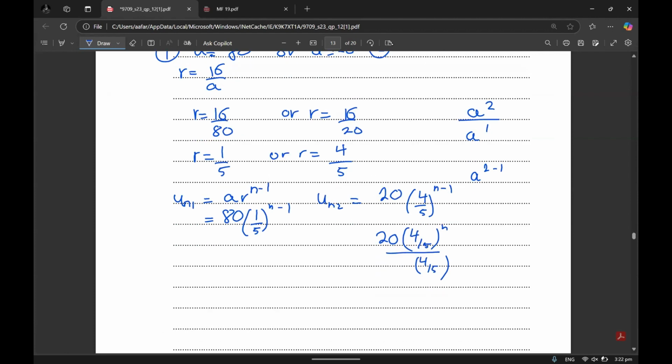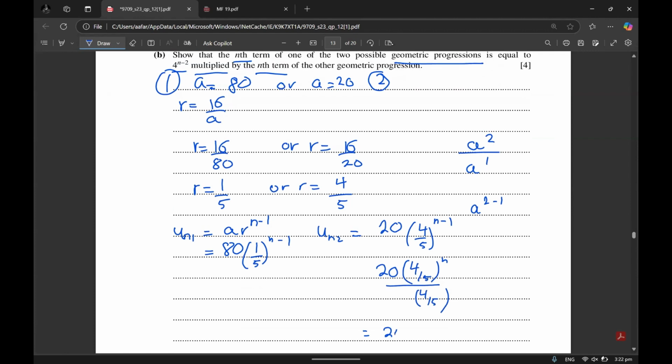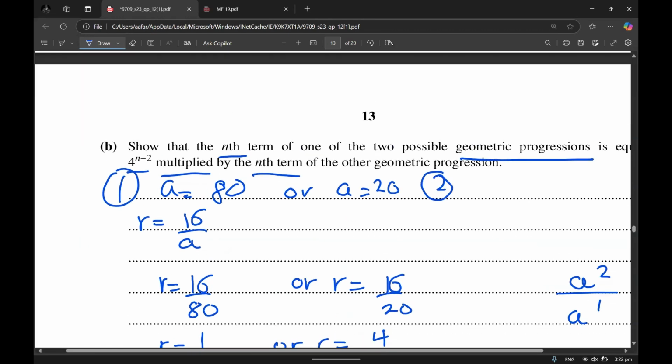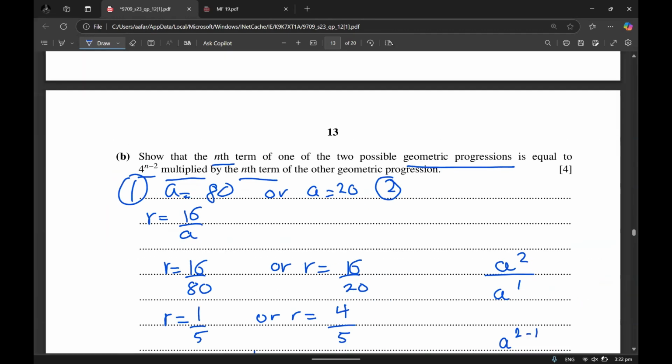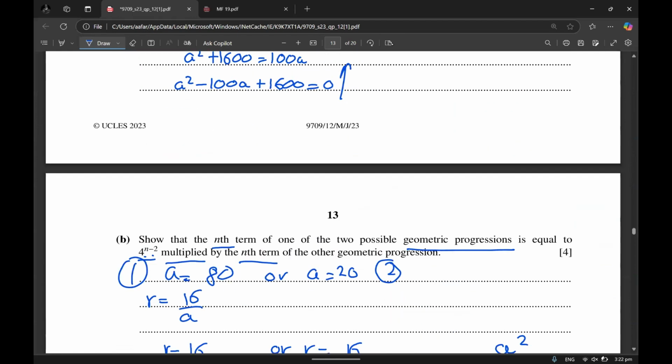Let's say this is equal to one of the two. 4n, 16.